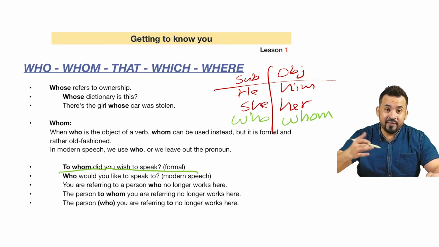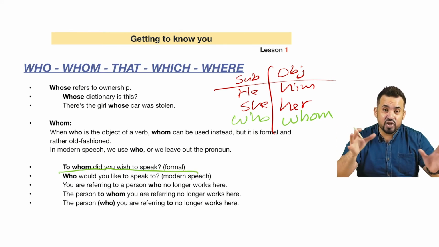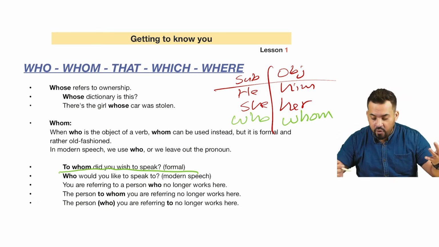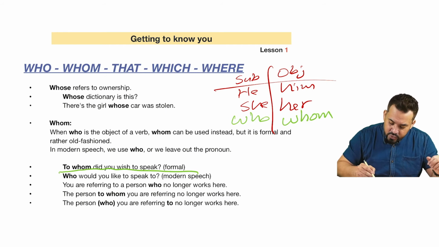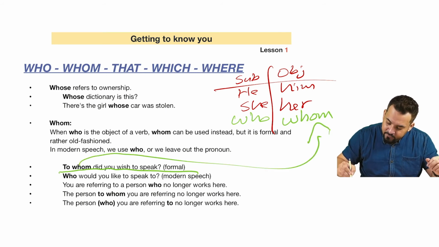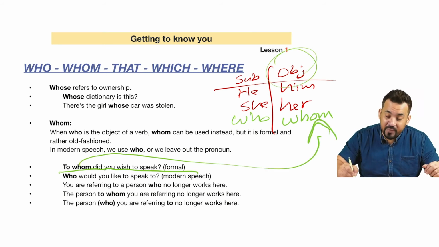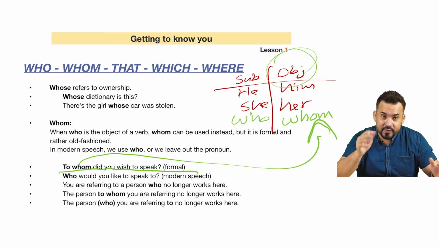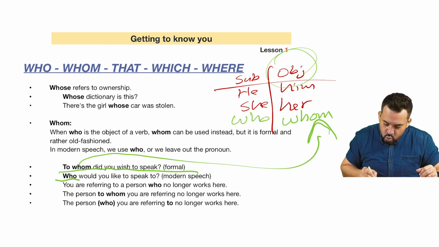The answer will be, I want to speak to him or I want to speak to her. Hence, we use whom because we are talking about the object, not the subject. If we are talking about the object, we will say, who would you like to speak to?